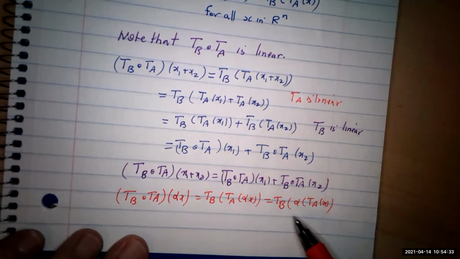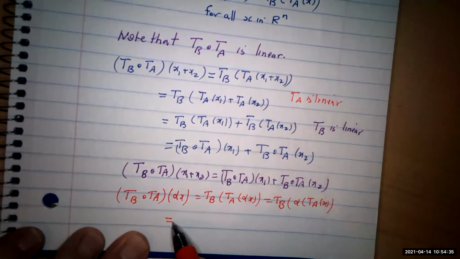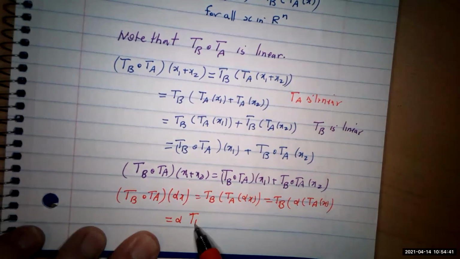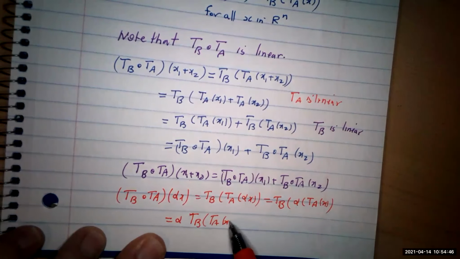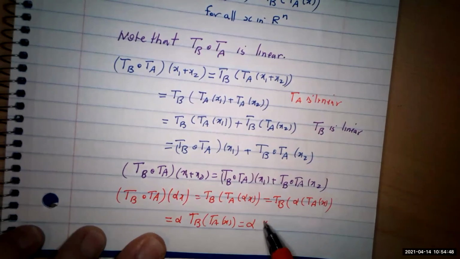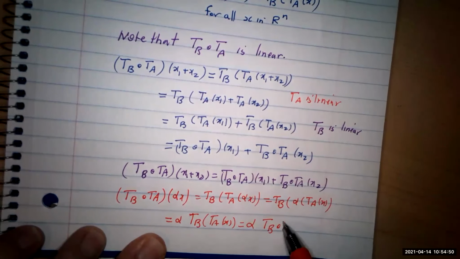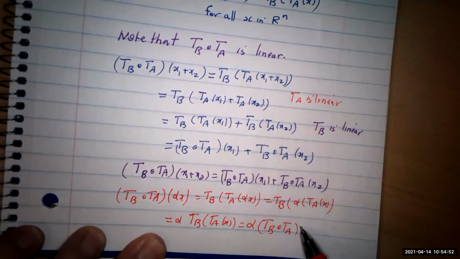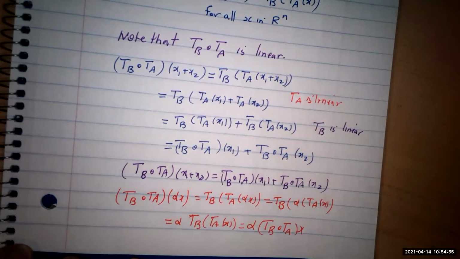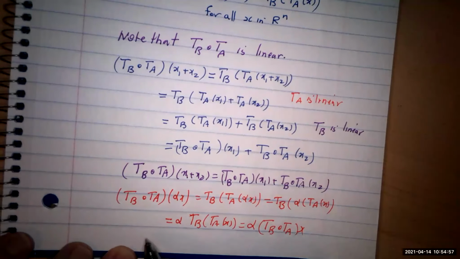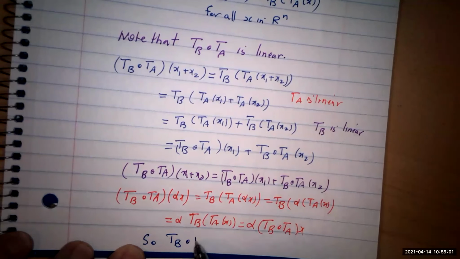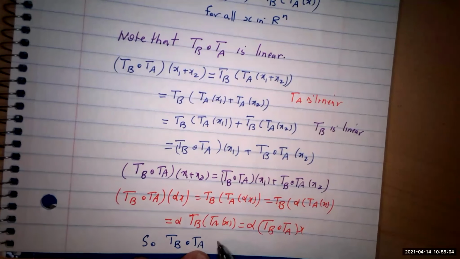TB is also linear, so we can bring the alpha out of TB, and that's exactly alpha times TB ∘ TA at x. So we proved the two properties, and the composition of TB and TA is linear.